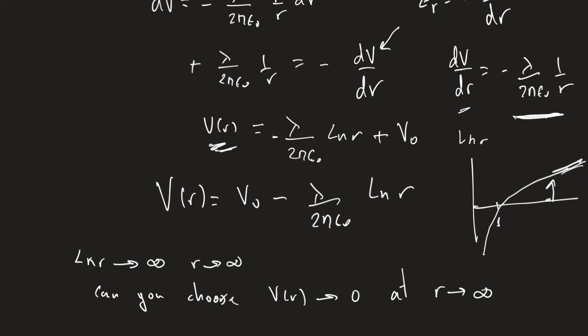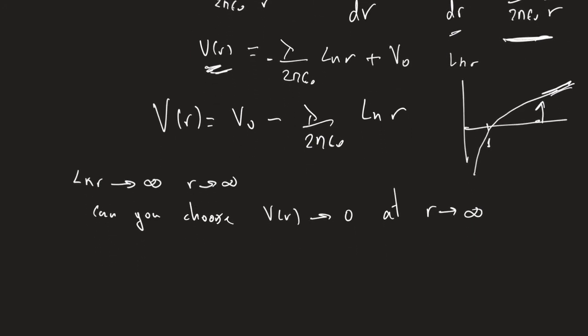You can see from this equation that you cannot choose V of r to be 0 at infinity, because when you go to infinity, the log of r goes to infinity. So the potential will go to infinity, but you want it to go to 0, and it cannot. So you need to choose a point.